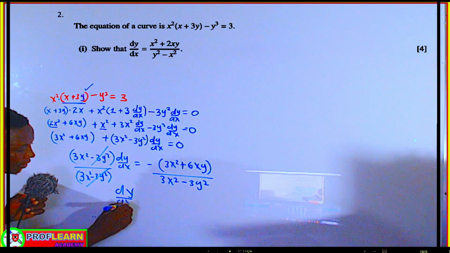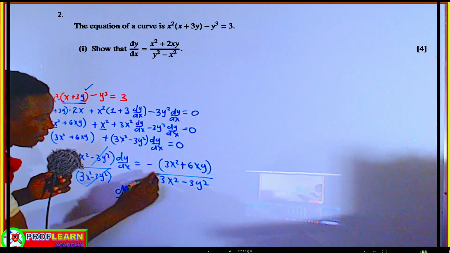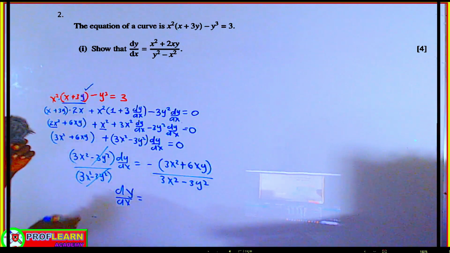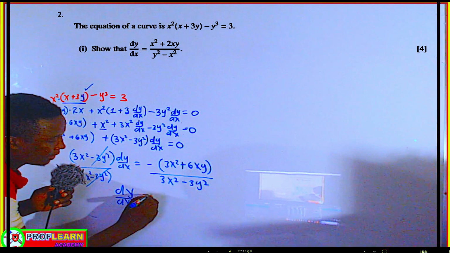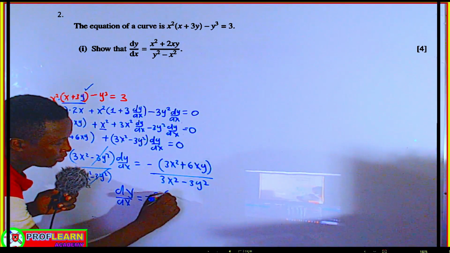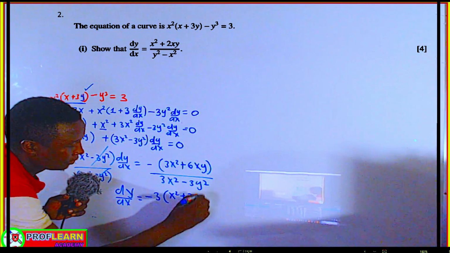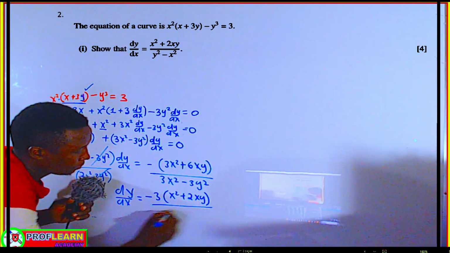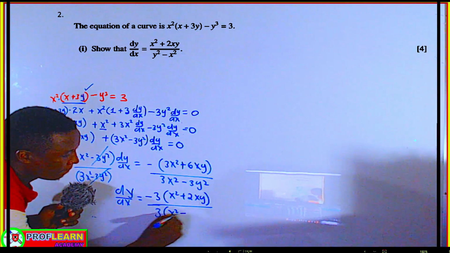dy/dx is going to be equivalent to, I can factor out 3 in both numerator and denominator, and I'll end up having 3 into (x squared plus 2xy) over 3 into (x squared minus y squared).